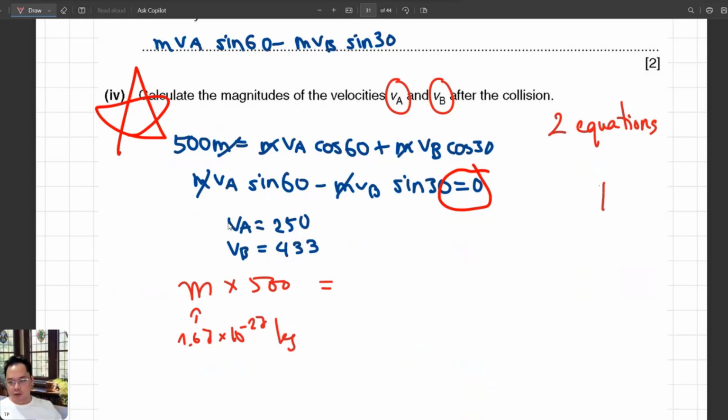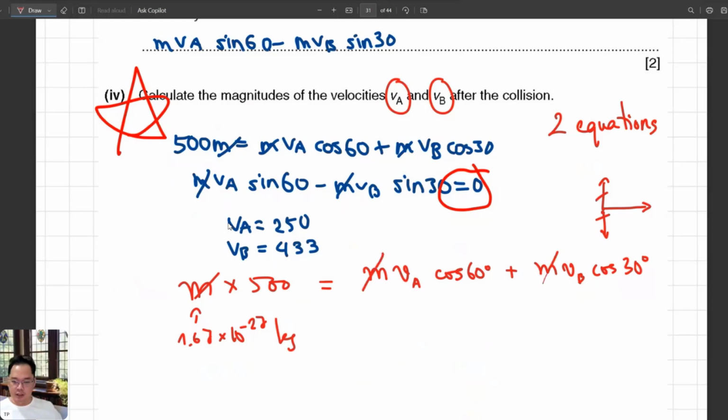The two components in the vertical direction cancel each other out. Only the horizontal components add together and equal the initial momentum. So m times VA times cosine 60 degrees plus m times VB times cosine 30 degrees equals the initial momentum. Because the masses are identical, we can remove m from the equation. This is the first equation.